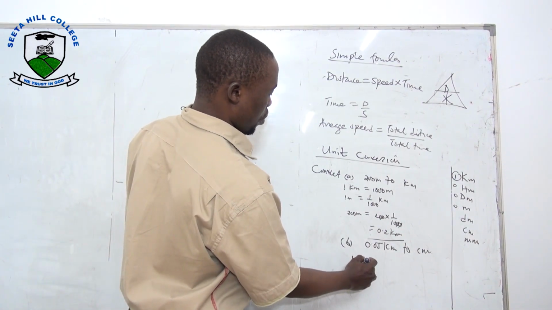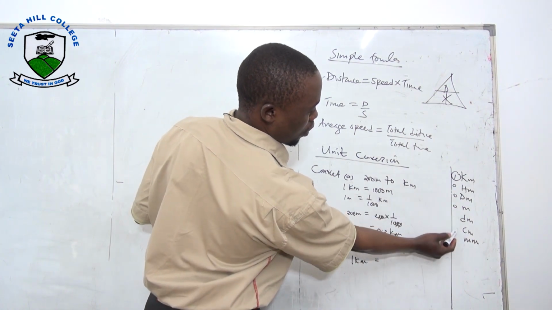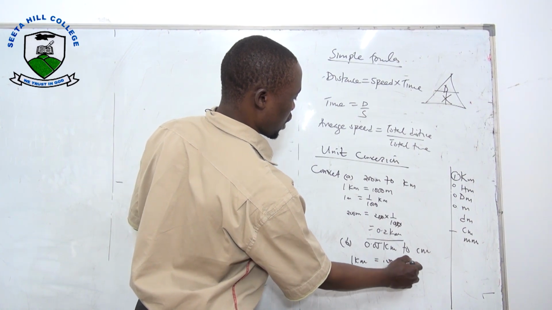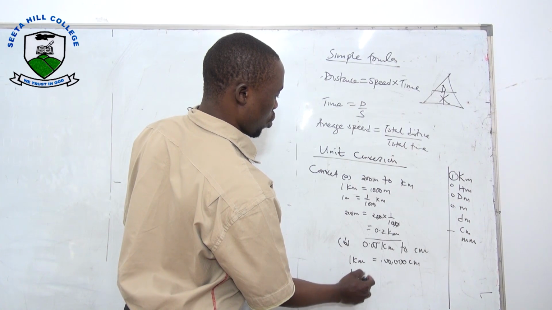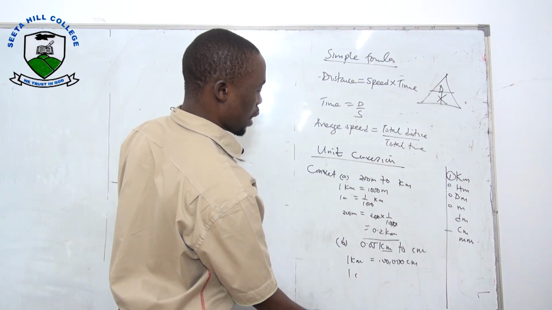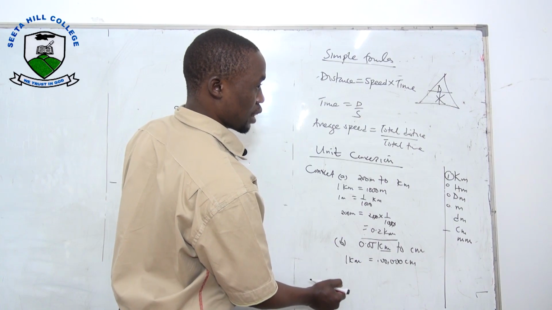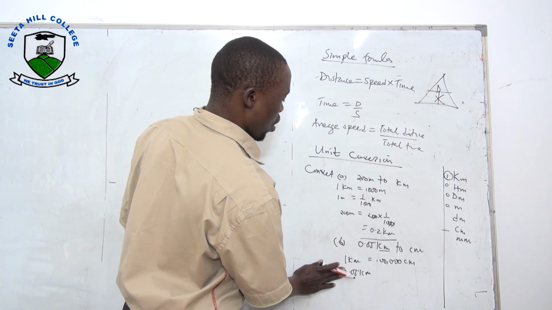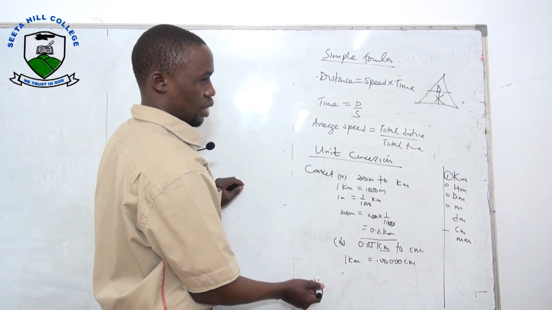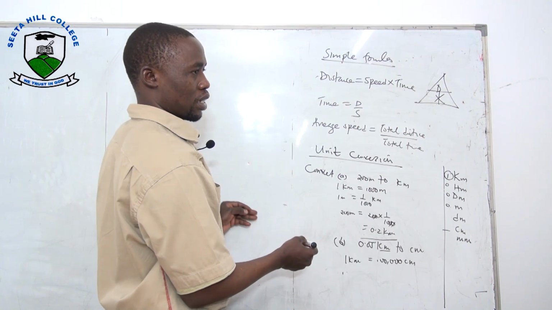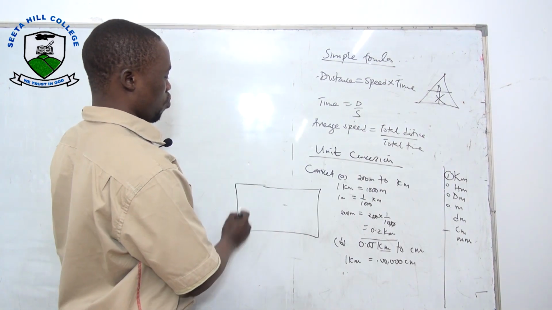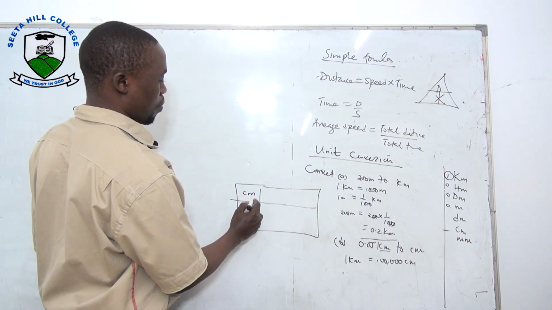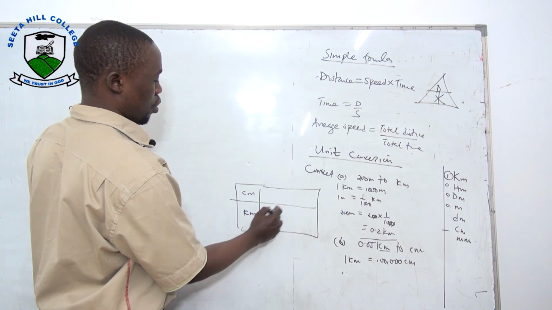Then convert 0.05 kilometers to centimeters. 1 kilometer is how many centimeters? Counting from here, 10, 100, 1,000, 10,000, 100,000 centimeters, not so? Therefore, since I want to change that part, I will not invert. There are some people who fail to see how and will again invert. If you are fond of making mistakes of inverting, you just fill here centimeters and here kilometers.